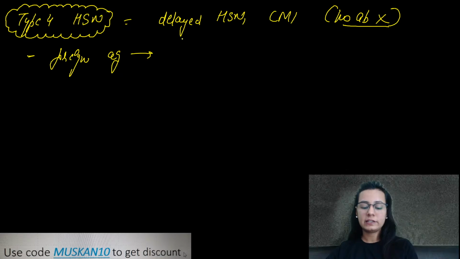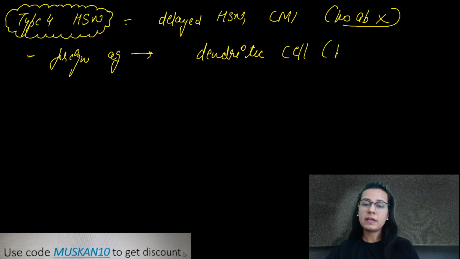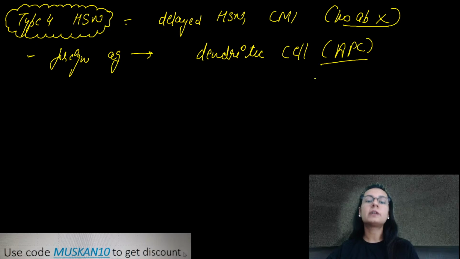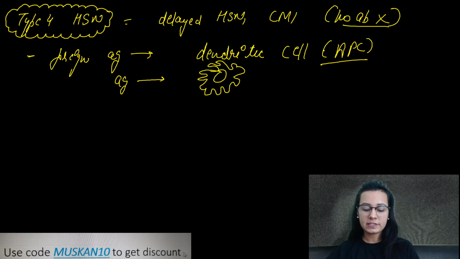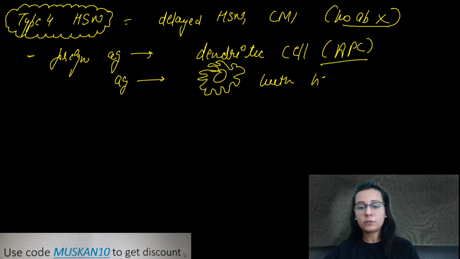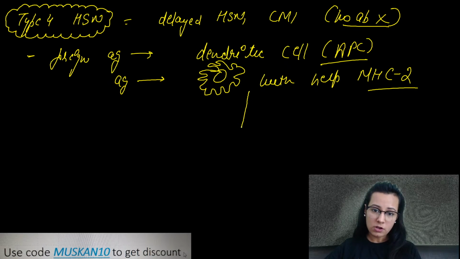But sometimes the foreign antigens are taken up by the dendritic cell. The dendritic cell will now act as the antigen presenting cell, because the foreign antigens are taken up by and attach to the dendritic cell. The dendritic cell acts as APC with the help of major histocompatibility complex 2, that is MHC2, and this will release interleukin 2.